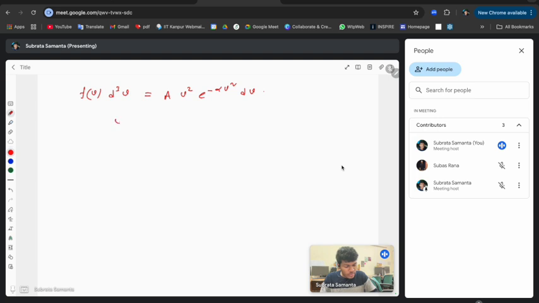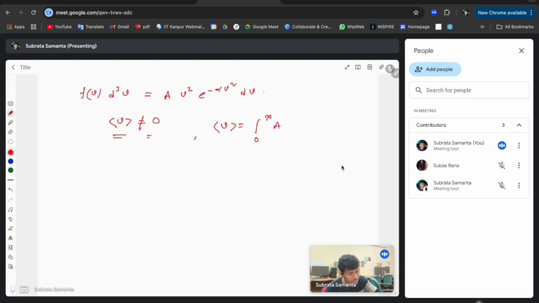Now if you compute the V average, that gives a non-zero value, because here the limit is not minus infinity, it is 0 to infinity, since V is a molecular speed.